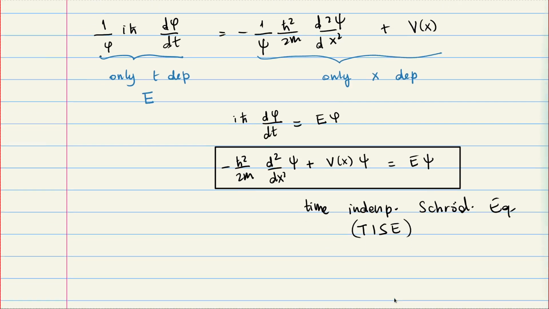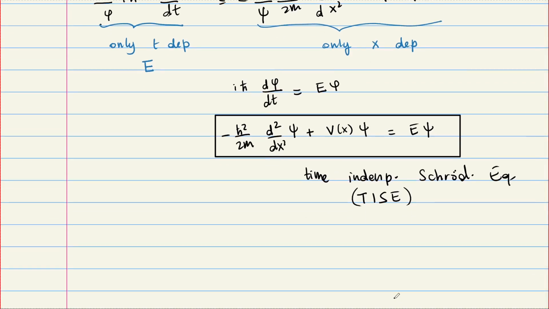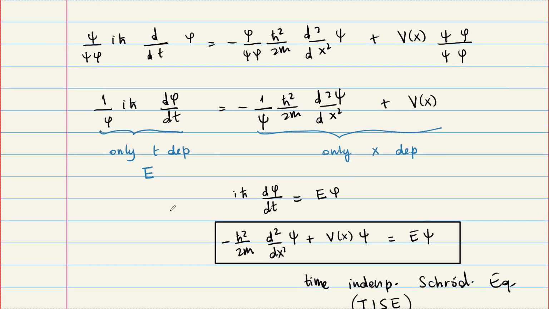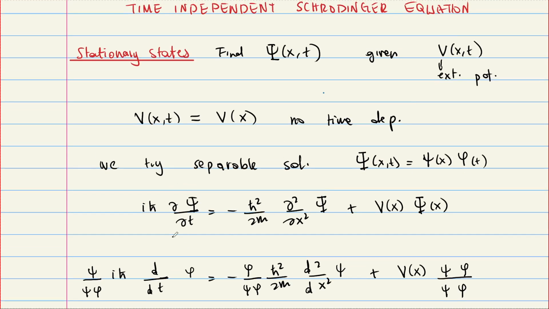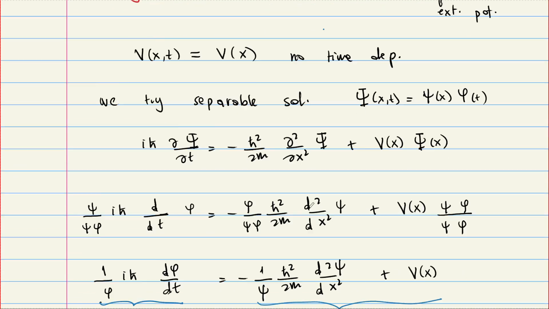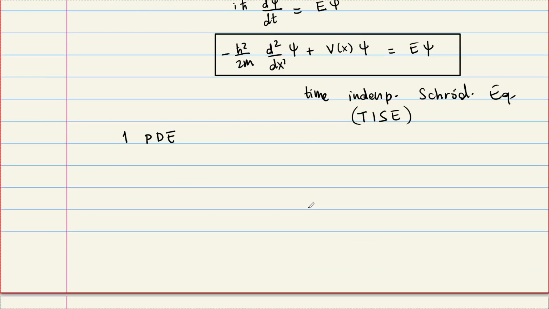And what we did here is we had one PDE, a partial differential equation. It was first order in time and second order in x. By assuming separability, we reduced it to two ordinary differential equations.